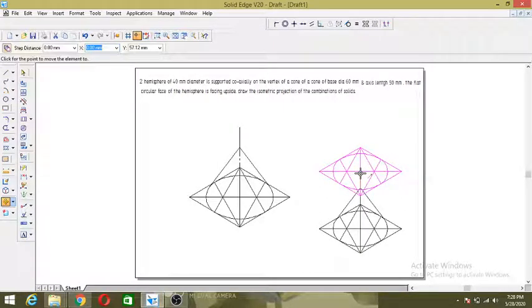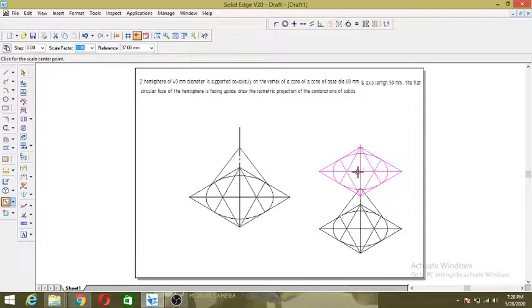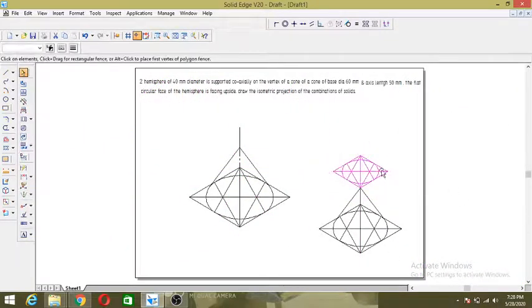Turn on the copy command. Then use scale, use this one as the center. This base is 60, we want 40 mm diameter here. So what do you have to do? 40 divided by 60, you enter as the scale factor. See here, I am entering 40 divided by 60. Say enter. Now this is the 40 mm upper face.